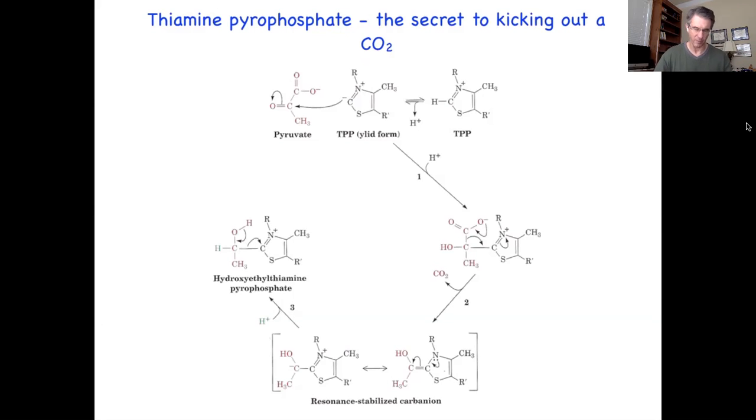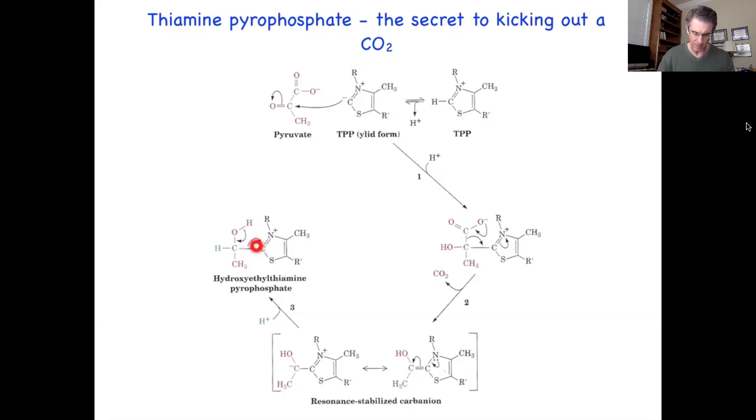We now deprotonate that alcohol, because remember, we're going to make an aldehyde. So we've got to pull that proton back off. A little base catalysis here assists, and will drive those electrons down to recreate that carbonyl.